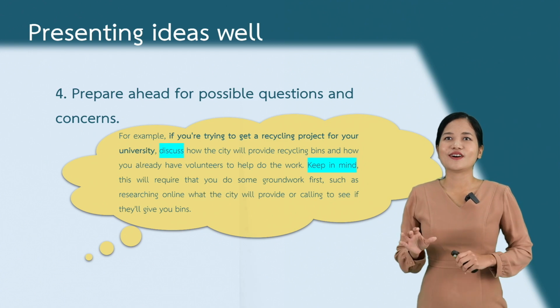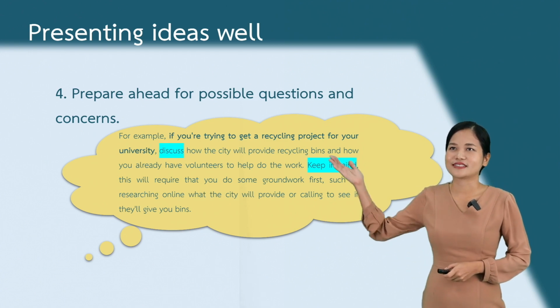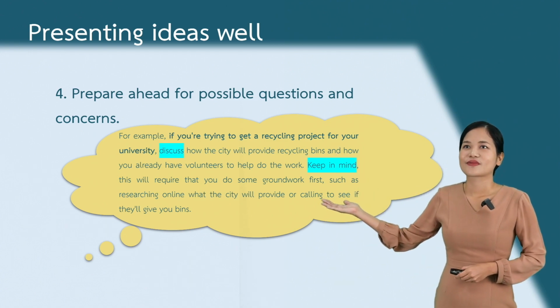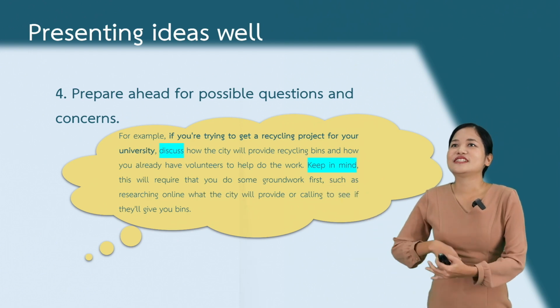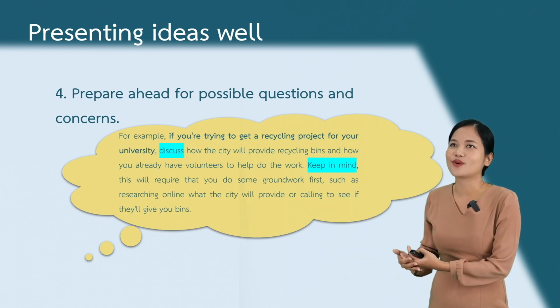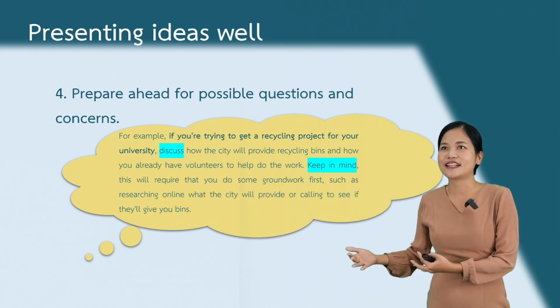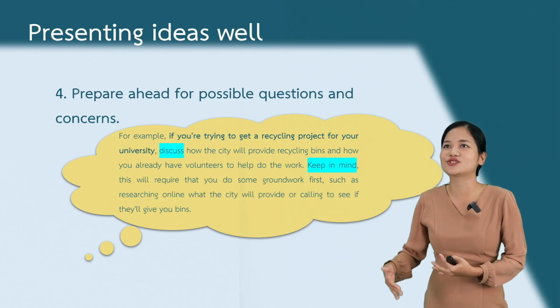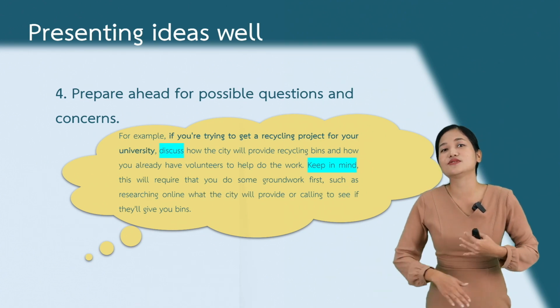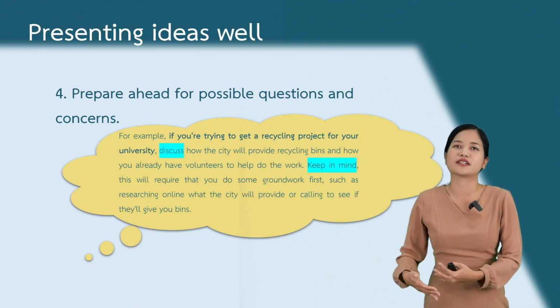Okay, so you can take a look at this. First you need to discuss how the city will provide recycling bins and how you already have volunteers to help do the work, because your friend may ask about the people who are going to help.